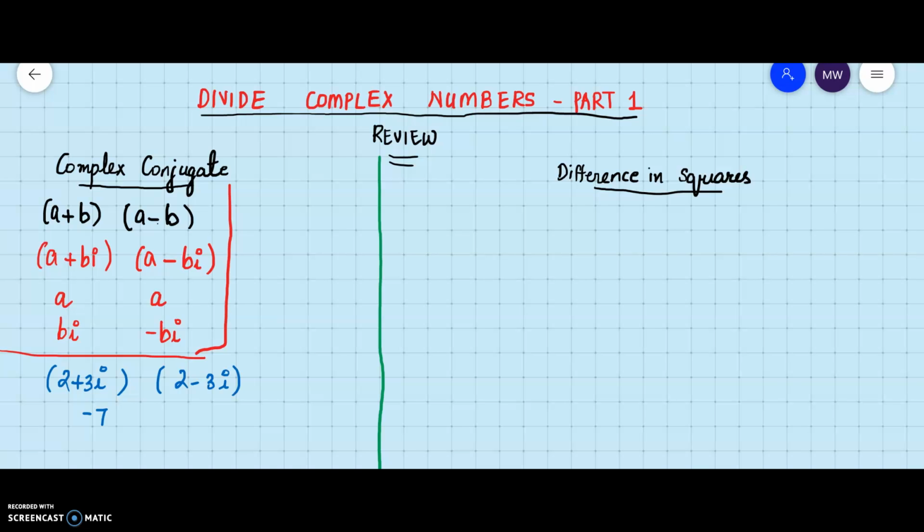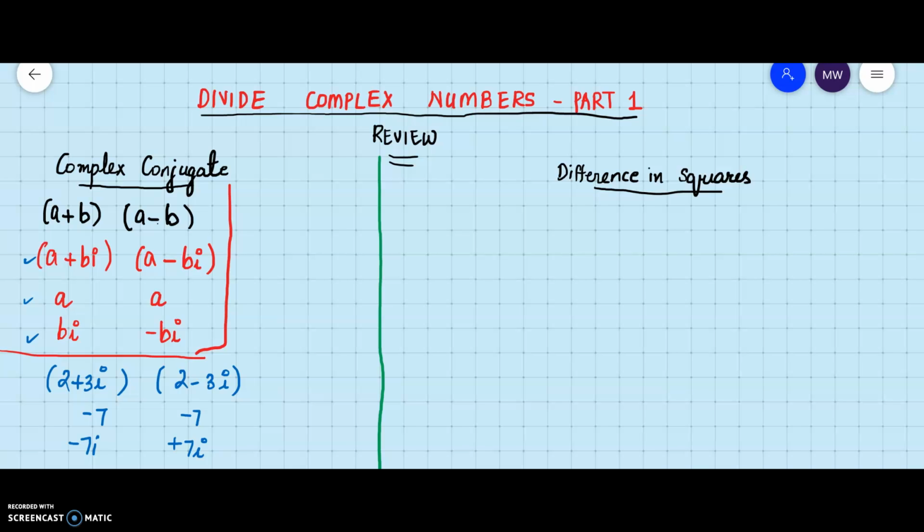The conjugate of negative 7, if it's just a real number, you don't change anything. The conjugate of negative 7 is just negative 7. But what is the conjugate of negative 7i? If it's an imaginary part, the conjugate is positive 7i. So I gave an example for each of these cases. That's how you find complex conjugates.